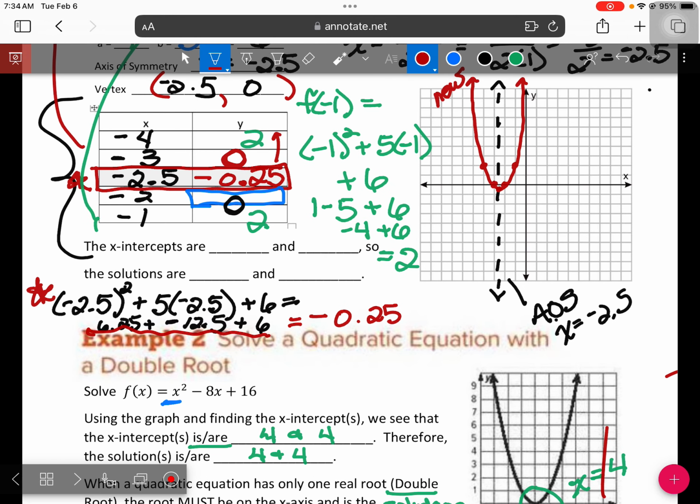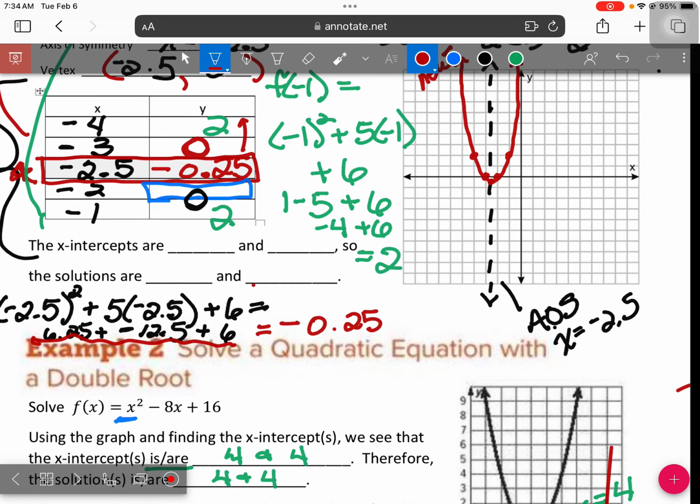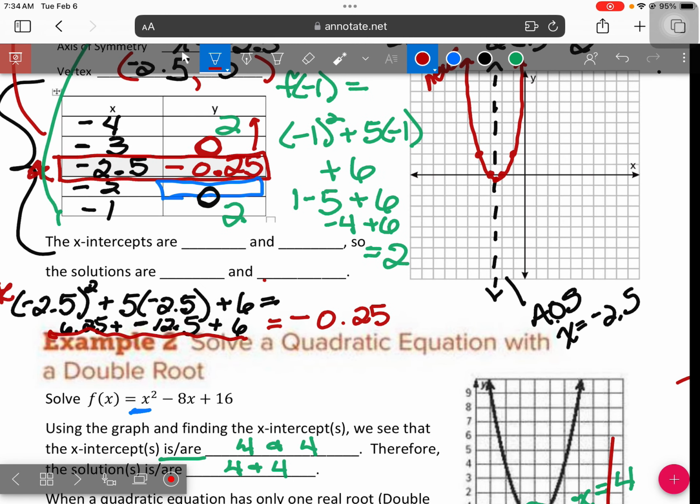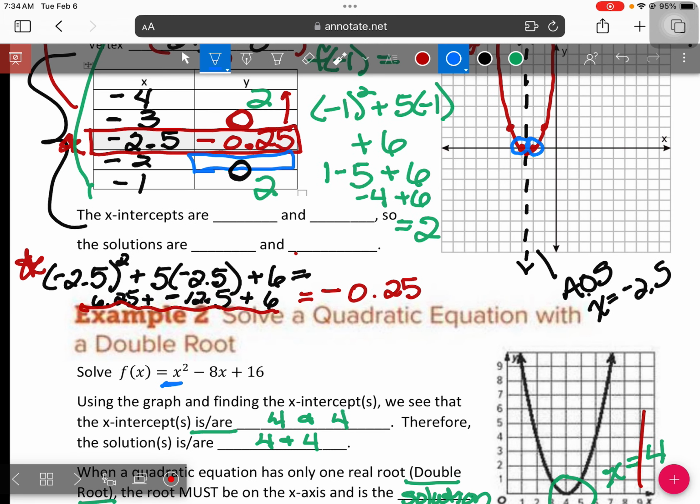So as I look, the directions below the table say the x-intercepts are blank and blank. X-intercepts have to be on the x-axis where y is equal to 0. You can also circle them carefully. So what are my x-intercepts here? Yes, -2 and -3 are the x-intercepts.